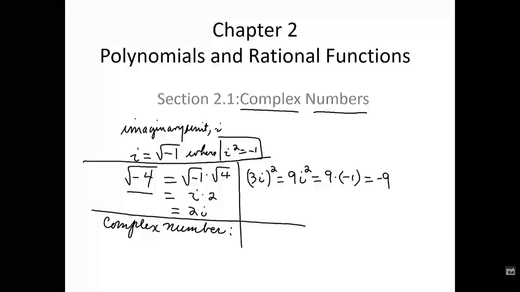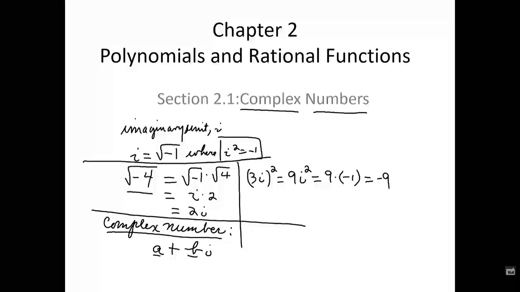A complex number is any number that can be expressed in the form a plus bi, where a and b are real numbers.